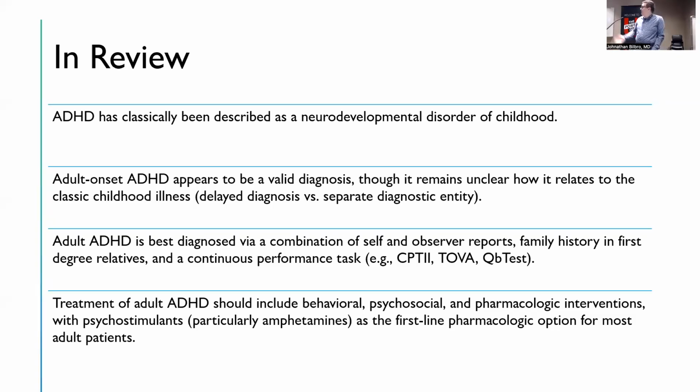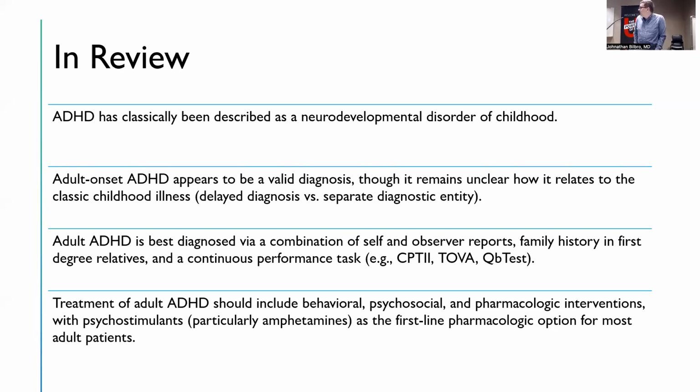So just quickly in review, a couple of the highlights here. ADHD is classically described as a neurodevelopmental disorder of childhood. Adult ADHD appears to be a valid diagnosis, though it remains unclear how it relates to the classic childhood illness, whether it's delayed diagnosis versus separate diagnostic entities. Adult ADHD is generally best diagnosed with a combination of self and observer reports, family history in first degree relatives, and some kind of continuous performance task, like I listed earlier.